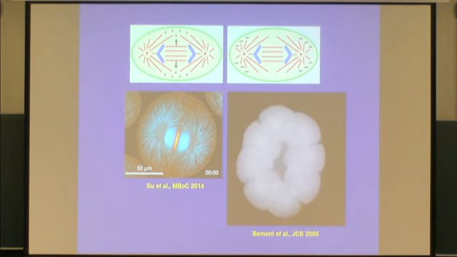So how does RhoA get activated on the equatorial cortex?